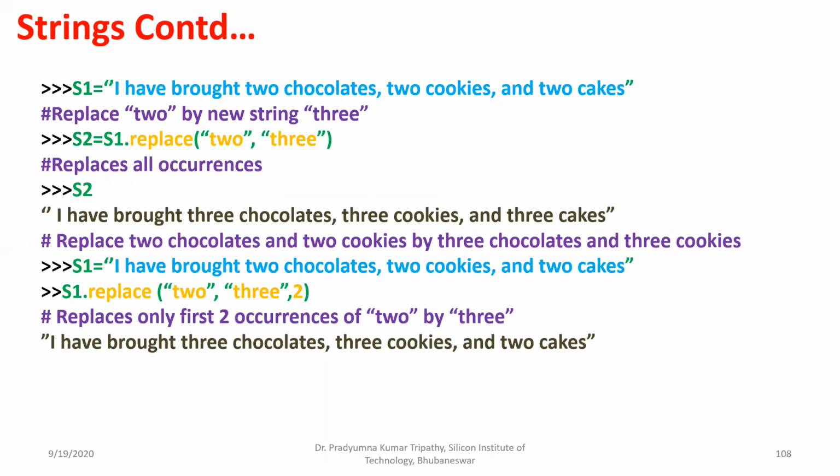Otherwise, I will show you in 1 class how to install Anaconda. What is the advantage? If you just type S1 dot, it will show you all the available functions. You select replace, and it will show you what arguments it takes. From there you can know what parameters the replace function can take.